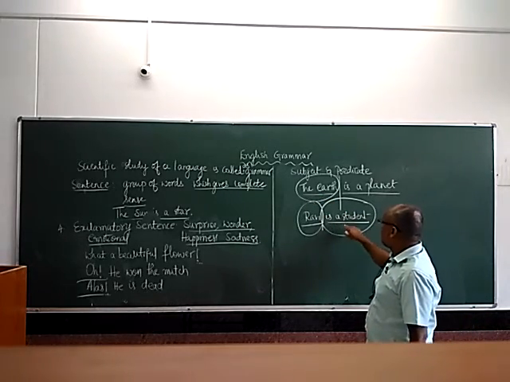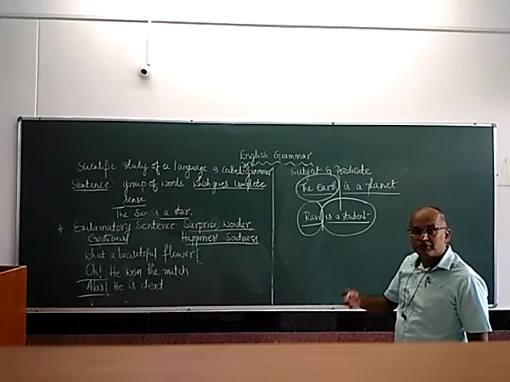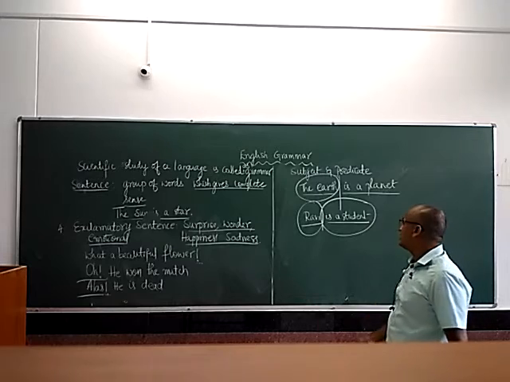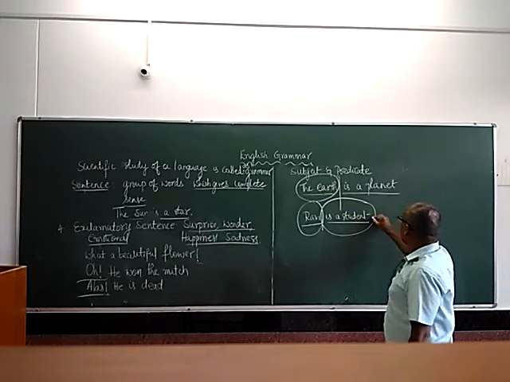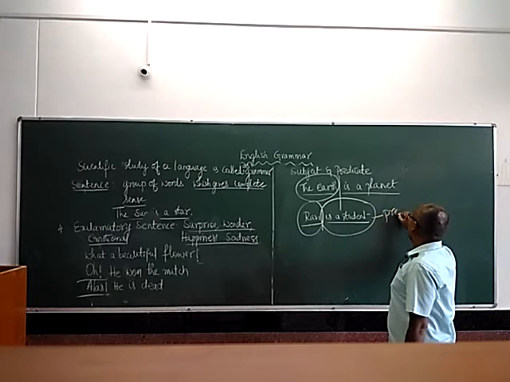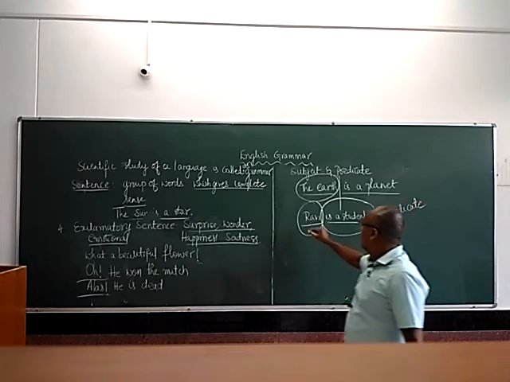What we are going to say, what we are going to describe, what we are going to mention about a thing or a person, that comes in the part called as predicate.